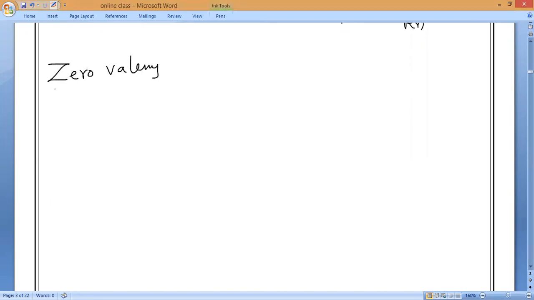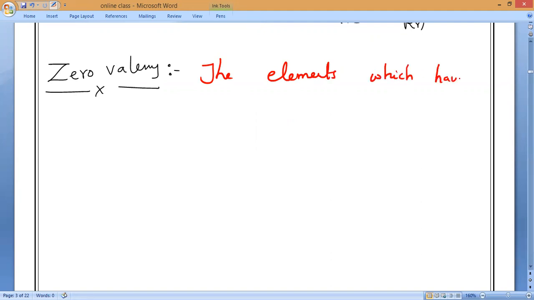Please write it. Abhirami, do you understand, Abhirami? Gokul? Yes, sir. That is right. The elements which have 8 electrons in their valence cell, except whom?